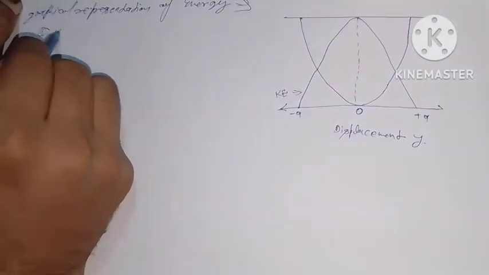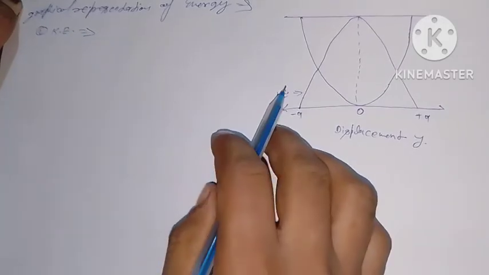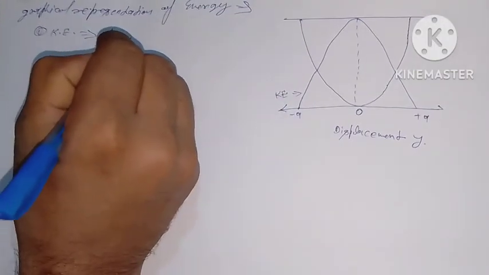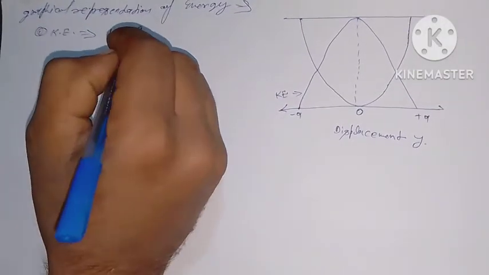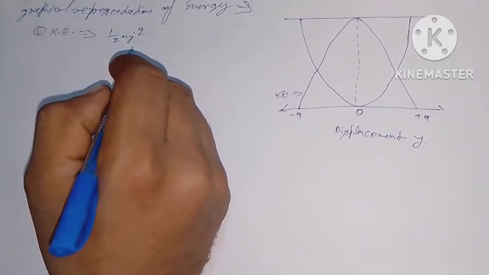Kinetic energy, first point. The kinetic energy is given by 1 upon 2 m v square, where v is the velocity of the oscillator.